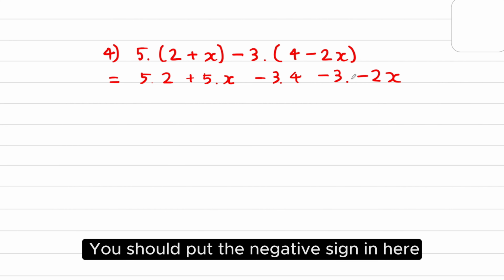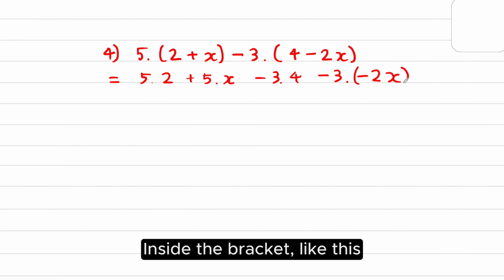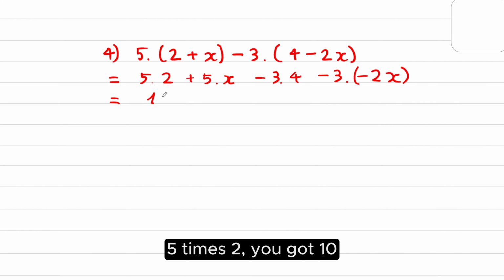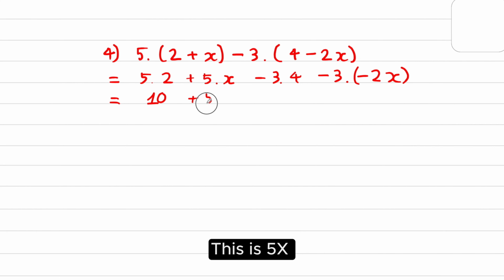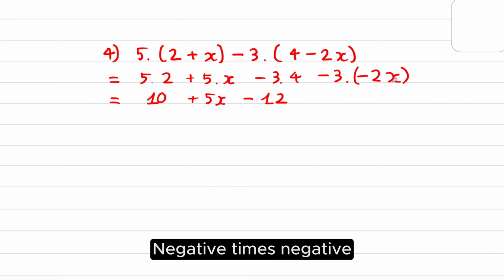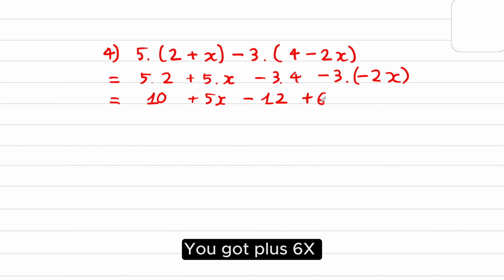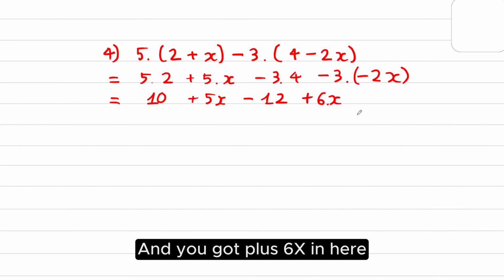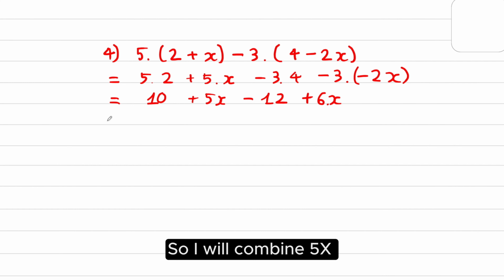You should put the negative sign inside the bracket like this. So 5 times 2 you got 10. This is 5, 8. This is 12. And negative times negative, yes, be very careful about this one. You got plus 6x in here.